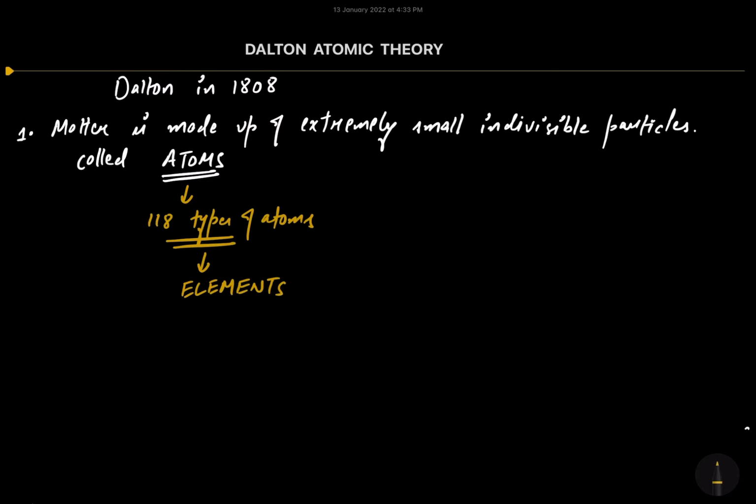So in short, we have 118 elements because every element is unique in itself. That means one element cannot match another element in respect of size, shape, the number of electrons, protons, and neutrons, which we will discuss in further topics.